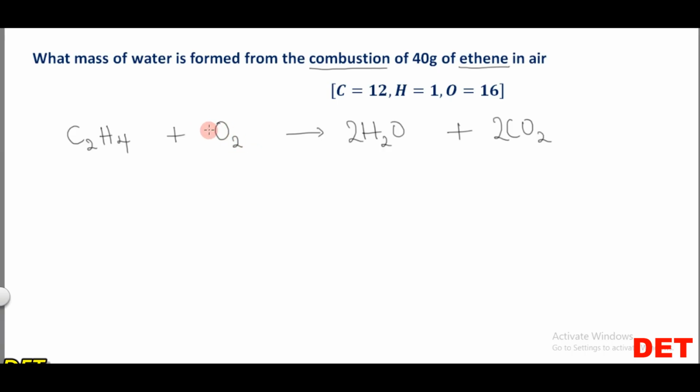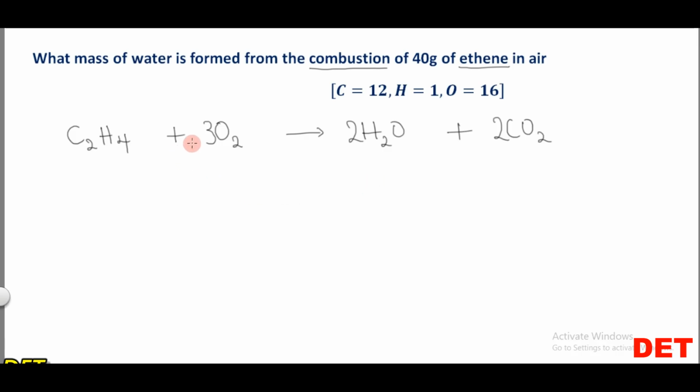I need to put 3 here. 3 times 2 will give me 6. So I have 6 oxygen here, and 6 oxygen here in total. Alright, so with this, the equation is balanced.